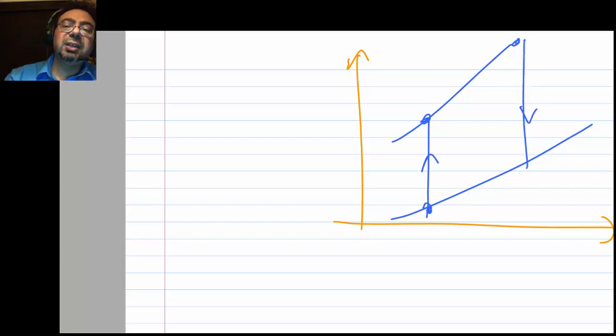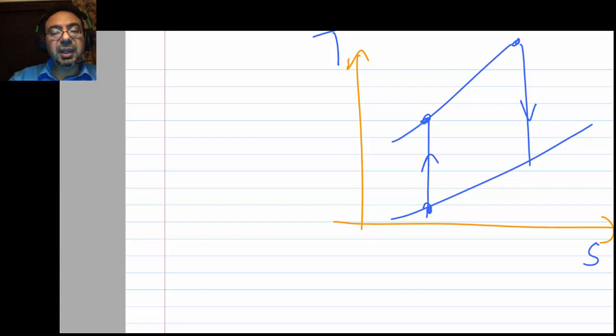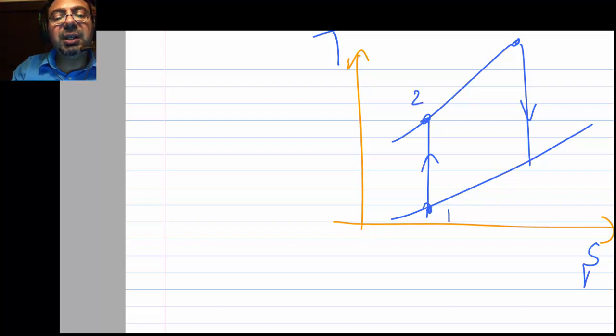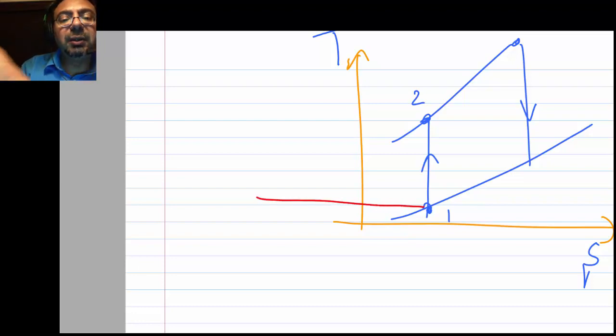You think everything isentropic is perfect and we cannot get anything better than this, but no, isentropic compression is not the best compression. The best compression is, what do you think? The best compression, if this compressor is like the dream compressor, it will actually do it isothermally. This would be 2 isothermal.